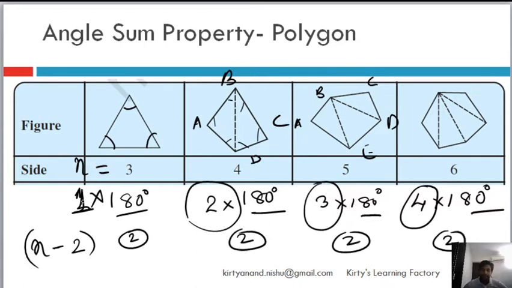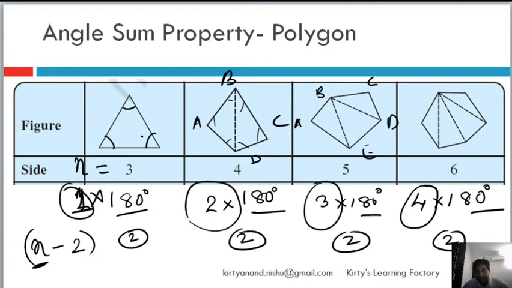For any polygon, the factor with which I have to multiply 180 is 2 less than the number of sides of the polygon. So if the number of sides of the polygon is n, this value 1, 2, 3, 4 will be n minus 2.